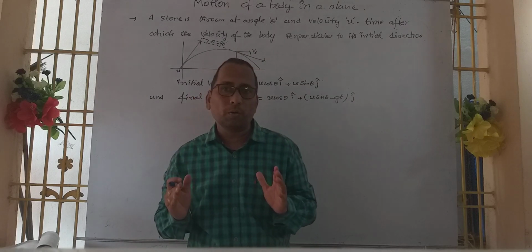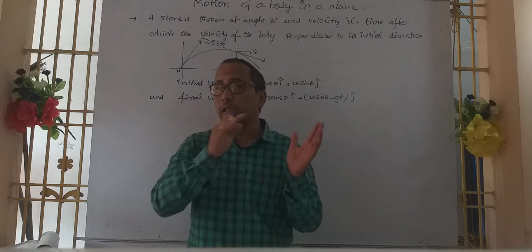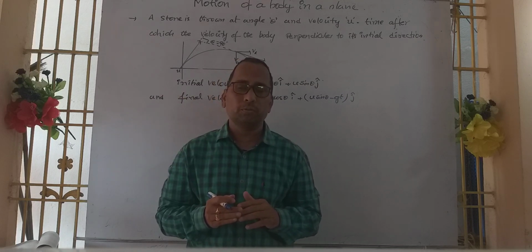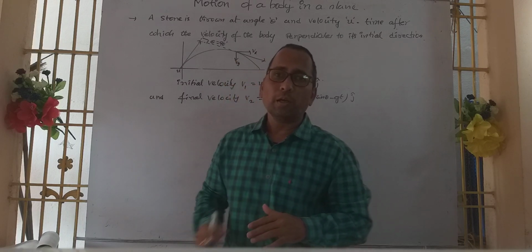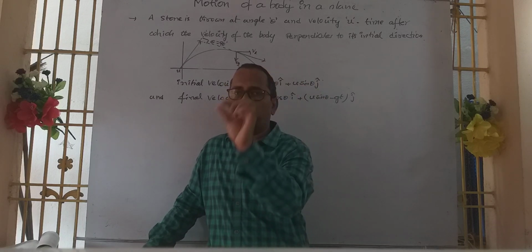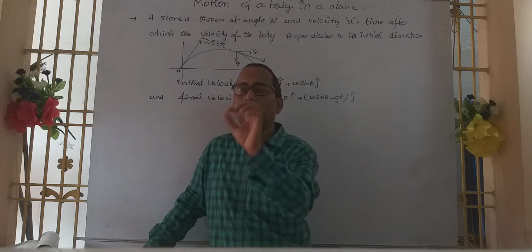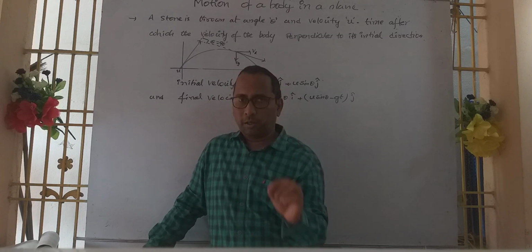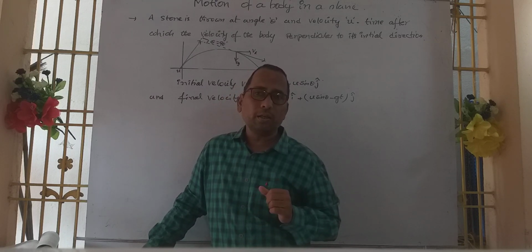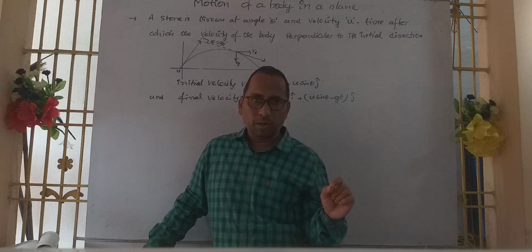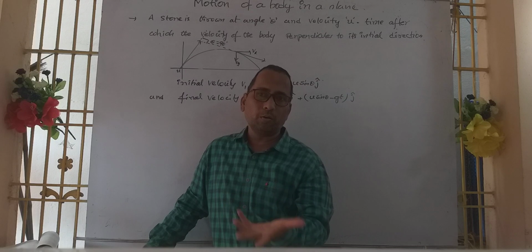Both are perpendicular, and we know the dot product concept. If two vectors are perpendicular, their dot product becomes 0. Why? Because a bar and b bar are perpendicular. The dot product a bar dot b bar is equal to mod a bar mod b bar cos theta. But what is theta here? 90. That's why a bar dot b bar is equal to ab into 0, that equals 0.